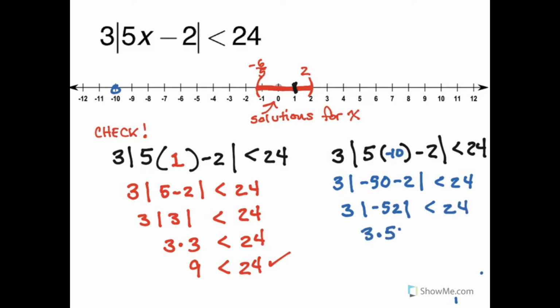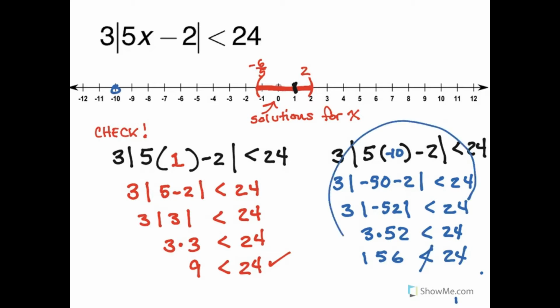So 3 times 52 is less than 24. I don't think so. That's 156. And it is not less than 24. So numbers outside the interval don't work. Numbers inside the interval do work to make the inequality true.